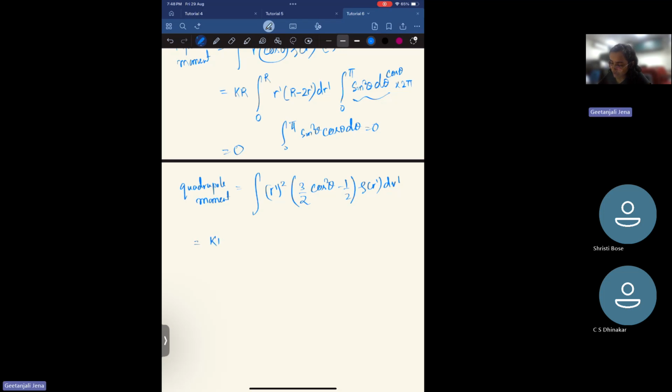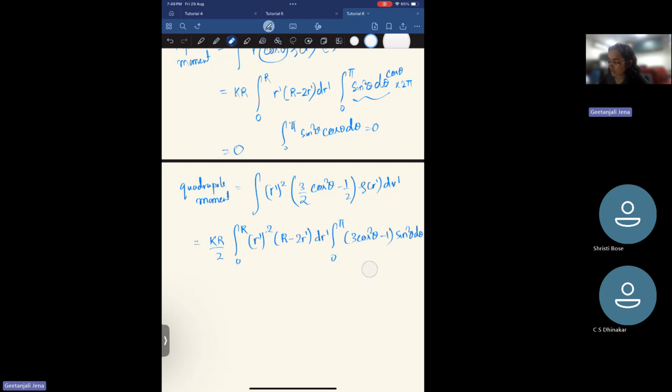So you will get kR by 2, the integral from 0 to R of r prime square (R minus 2r prime) dr prime, the integral from 0 to pi of (3 cos square theta minus 1) sin square theta d theta, and 2 pi.